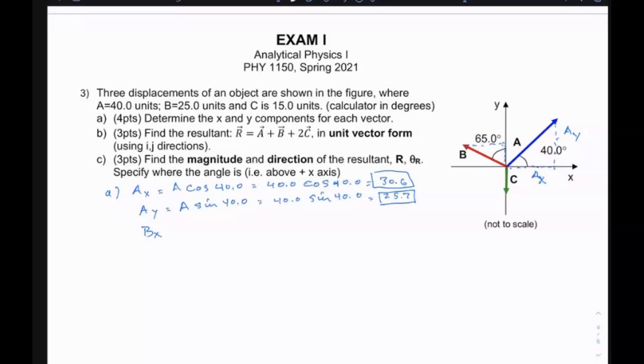If we use the angle 65 degrees, it points in the minus x direction. So I evaluate B sub x as minus B times the opposite side, so sine of 65.0 degrees.